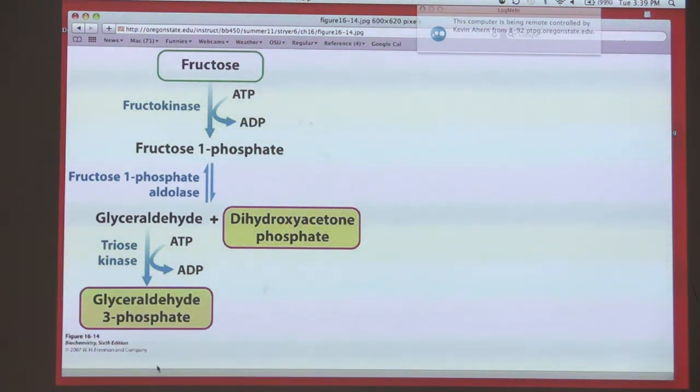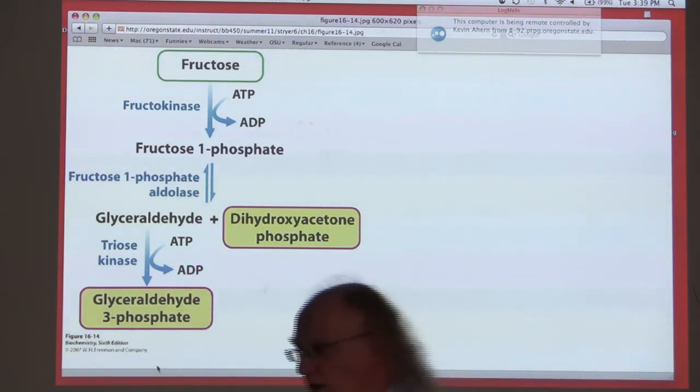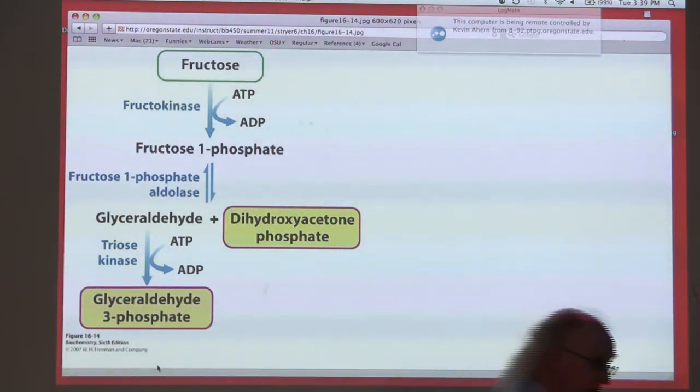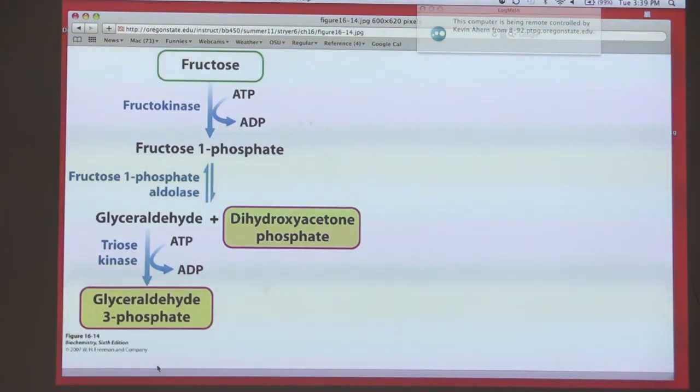We make fatty acids. These are all established biochemical principles. We make fatty acids. Well, what do we make from fatty acids? You got it, we make fat. So, Kevin Ahern's wild and crazy theory about American obesity says that high fructose corn syrup is forcing the production of fatty acids and fat as a consequence of this reaction.